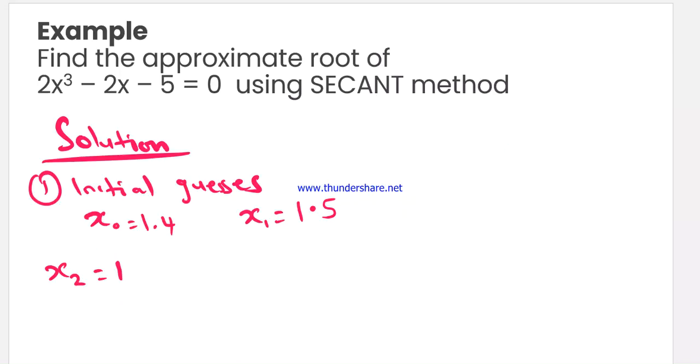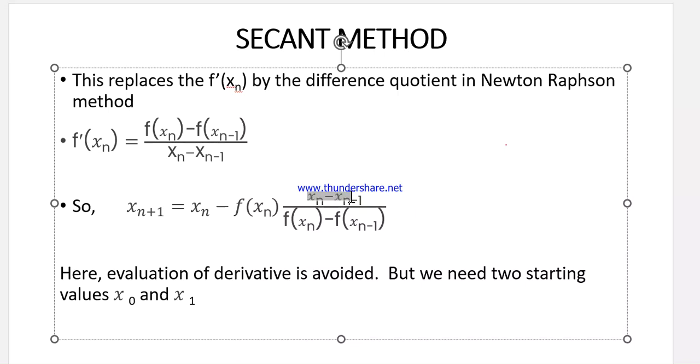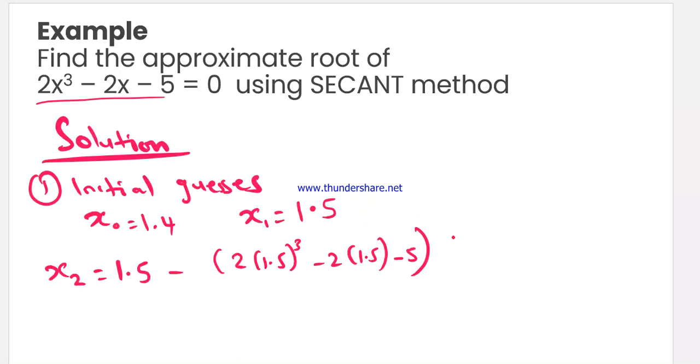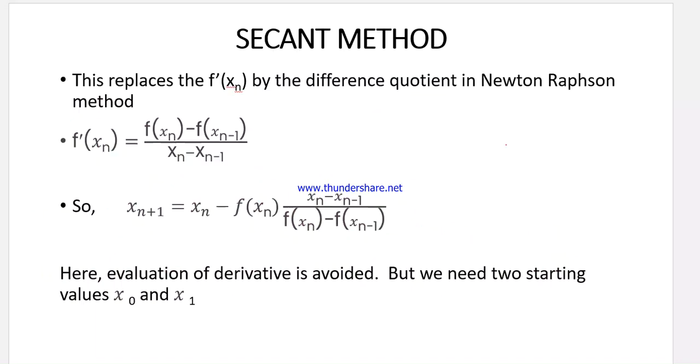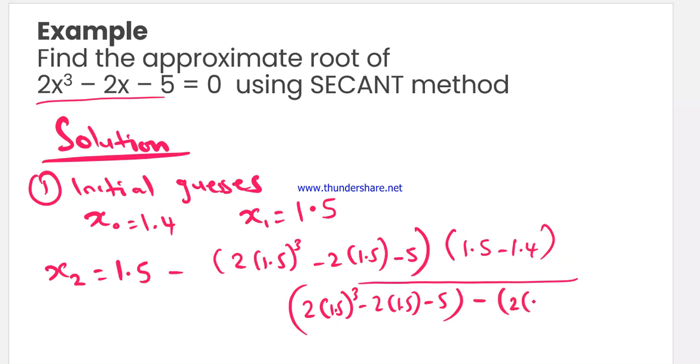So that's going to be 1.5 minus function of x1, which is now 2 times 1.5 cube minus 2 times 1.5 minus 5, times 1.5 minus 1.4, divided by function of x1, which is 2 times 1.5 cube minus 2 times 1.5 minus 5, minus function of x0, which is 2 times 1.4 cube minus 2 times 1.4 minus 5.